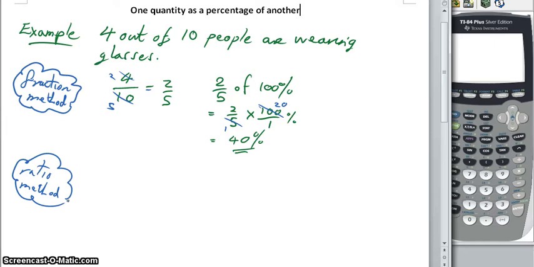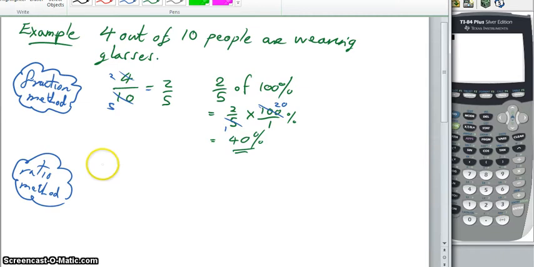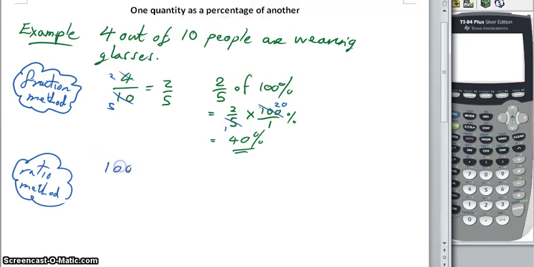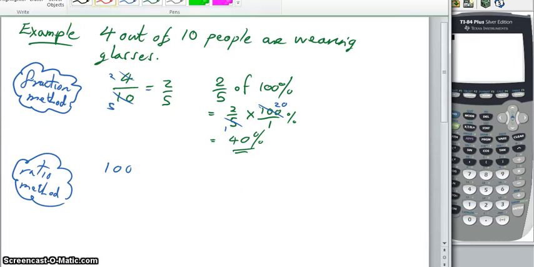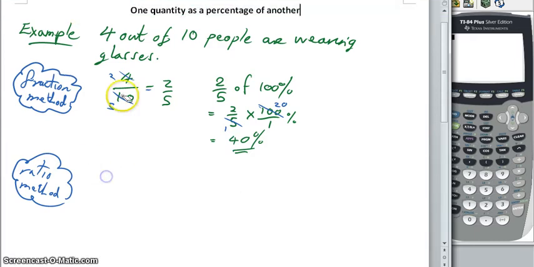This time we've got 4 out of 10, and we're trying to find a percentage. If we think of 100% as the whole thing, what do I do to 10 to make it into 100? 10 times 10 will be 100.